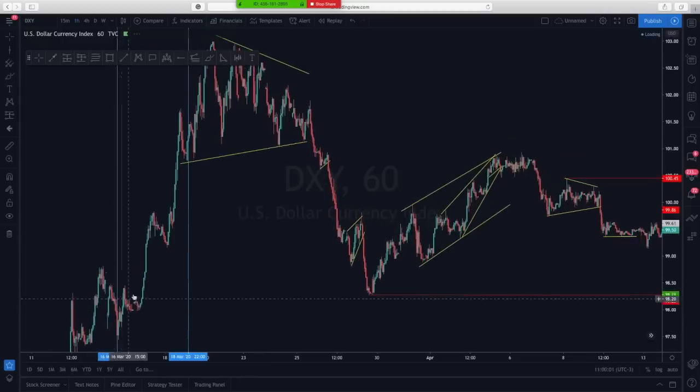Just by looking at this whole section, 80% of this structure that we're seeing is impulsing. It's moving to the upside massively, shooting all the way up. So basically 80% of the time we are impulsing.